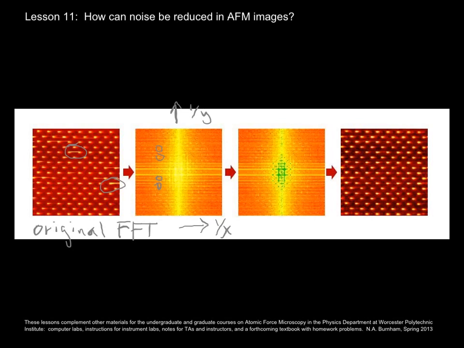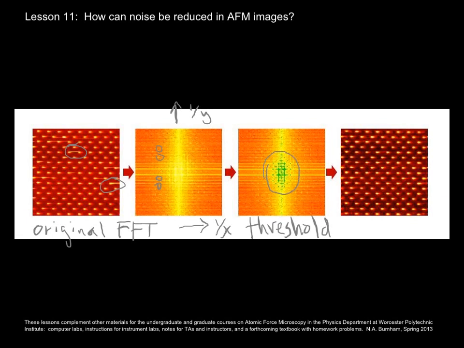But I want to get rid of the streaks. I want to keep only the information I want. And so I apply a threshold. And I'm going to keep and retransform only those signals in green here. Okay?